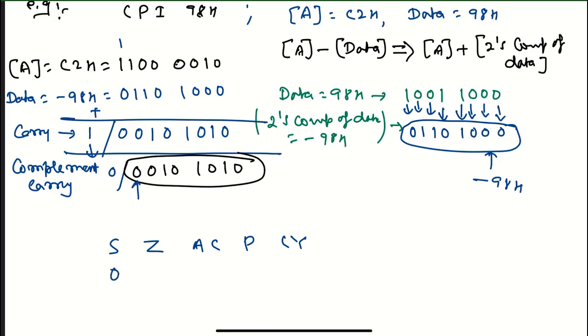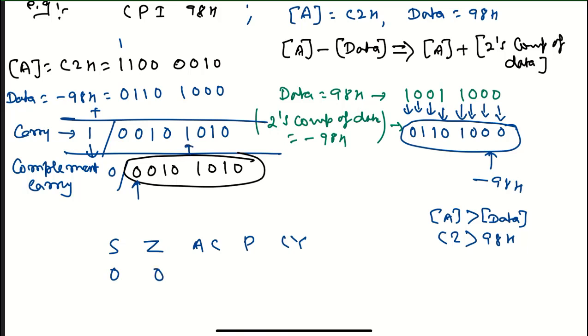Result is non-zero, that is a positive value, because C2 will be greater than this 98H. So this is the accumulator. So accumulator content is greater than this data, whatever we had taken, 98H. So that is the reason their result will be a non-zero positive value. So that is the reason their zero flag will be reset here.